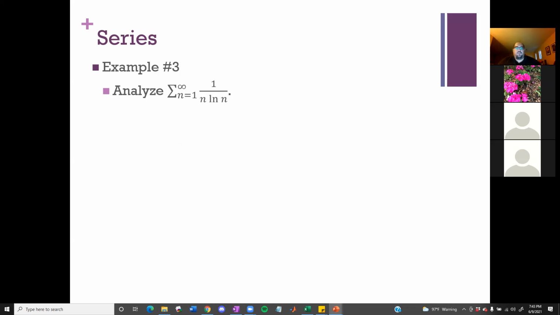So what would you compare it to? I'm always confused by LNs or natural logs, but I'm assuming you could do 1 over n maybe. Okay, so direct comparison with 1 over n. So what does the series 1 over n do?